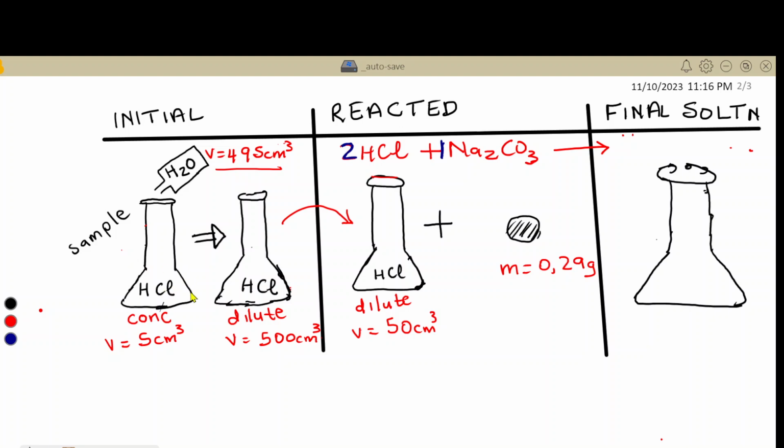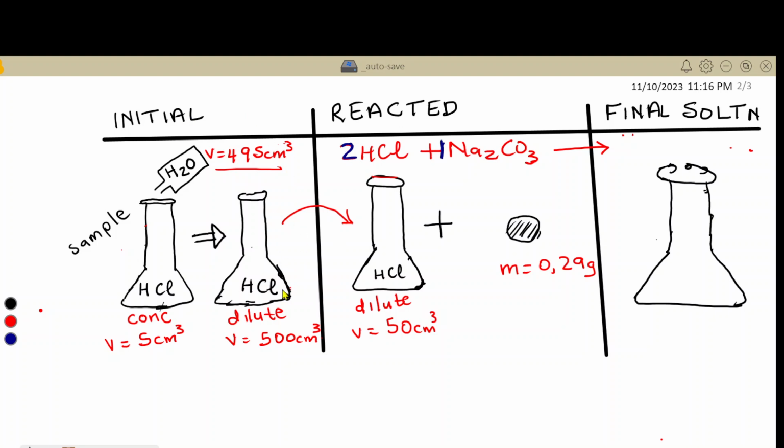The volume of this HCl is 5 cm cubed. This HCl is added to 495 cm cubed of water. Now 495 plus 5 is going to give you 500 cm cubed. So we have a dilute HCl. It was concentrated before, it was 5 cm cubed, it was mixed with water, it became dilute, and there's a volume of 500 cm cubed. That is what happened initially.